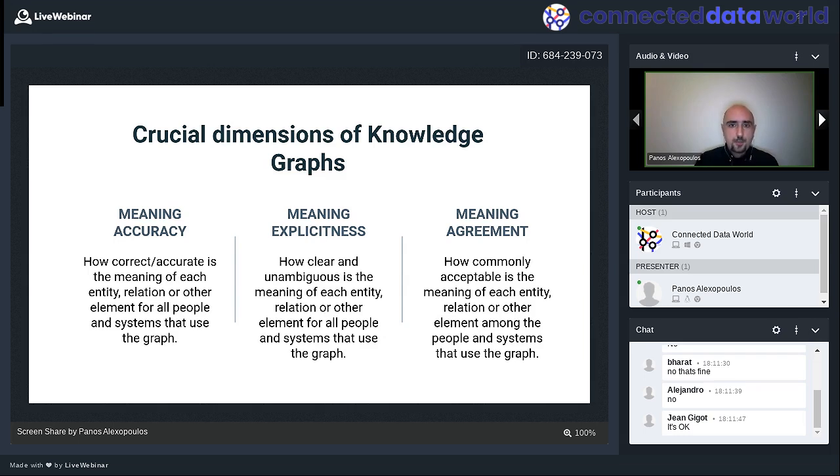Finally, whatever assertions we make in a knowledge graph have to be commonly acceptable among, again, those who use it. Right? So, to give you an example, at TextKernel we have a knowledge graph that relates professions and skills. And in this graph, we have a relation between a profession and a skill, which suggests that a skill is important for a given profession.